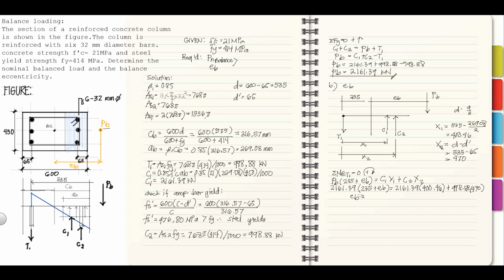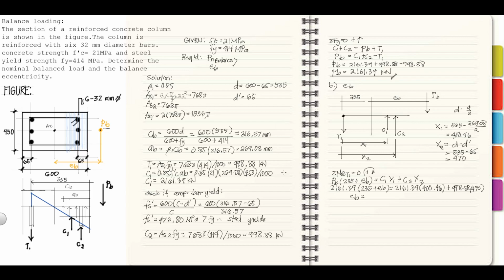Take note, lumalabas din sa board to. Kaya marunong din, just recall lang. Recall mo lang yung principle ng beam natin. You will get the balance loading of a column. Okay?